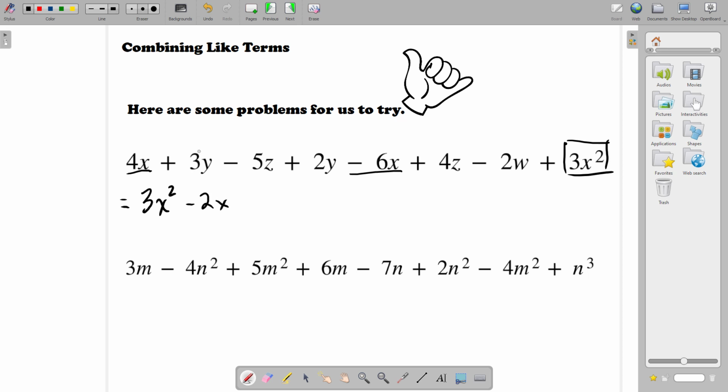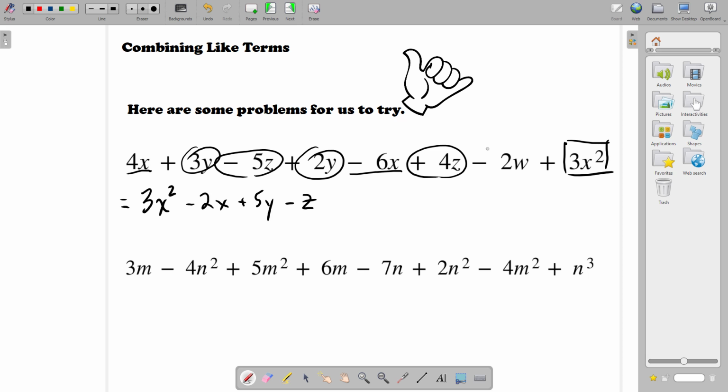I have a 3y and a 2y, and so 3y and 2y will give us 5y. We have, let's see, a negative 5z and a positive 4z. That would be a negative 1z.